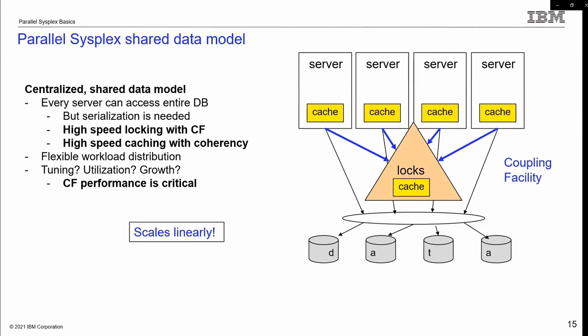The server can make one simple call to the coupling facility to get serialization to make updates. So we can get that high speed access to the data with total coherence of that data. We just need to talk to one place, the coupling facility. No need to talk to other servers. That is truly scalable, and that is one of the major benefits of parallel Sysplex.